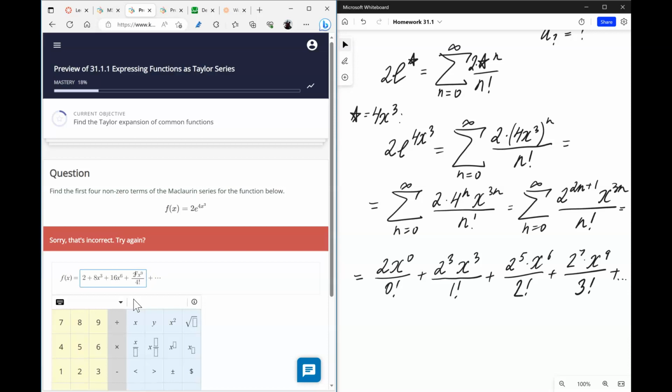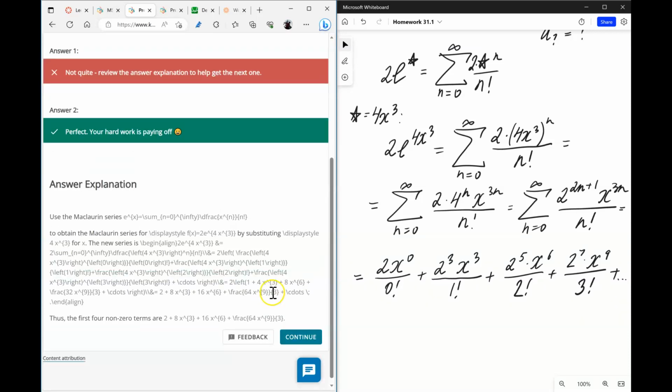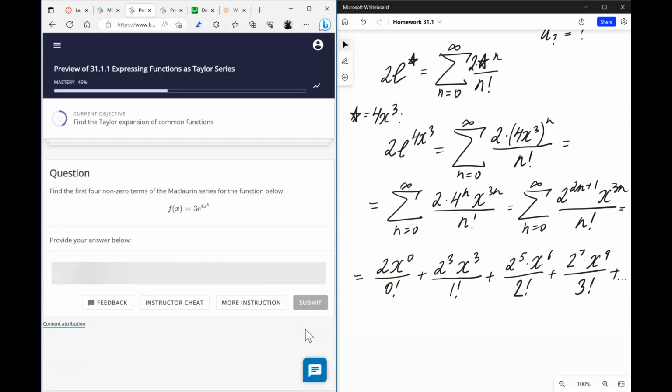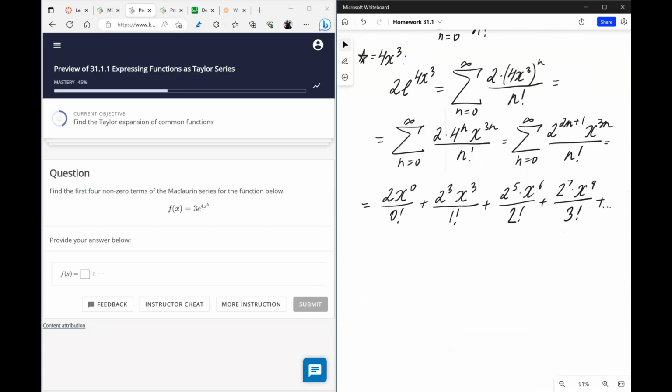And here we have 3 factorial, which is 6. And that's correct. So this was number 3.